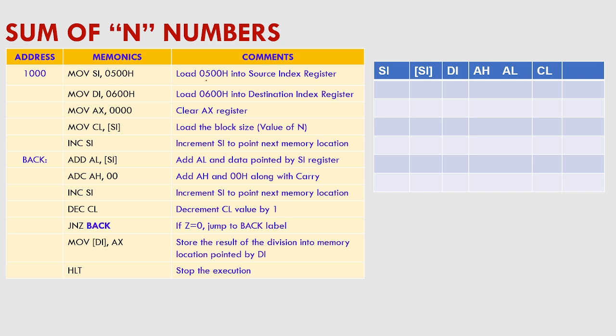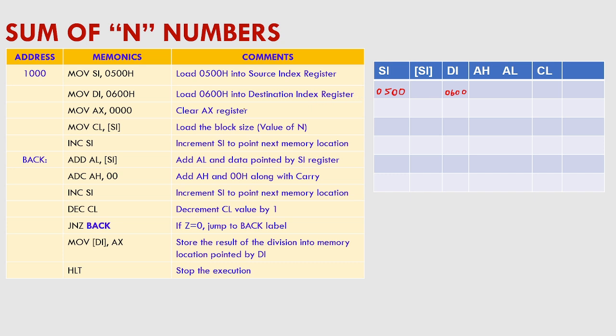It means it loads 0500H into the source index register. So SI will be loaded with the value 0500. Now the next instruction, MOV DI, 0600H. So DI is loaded with 0600.